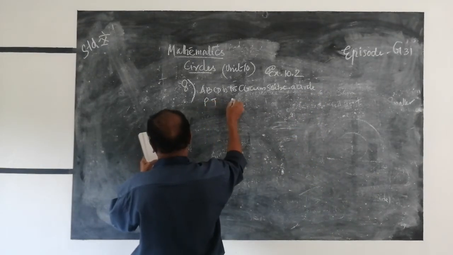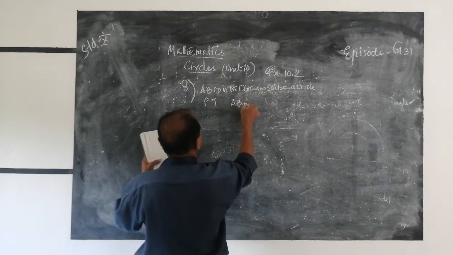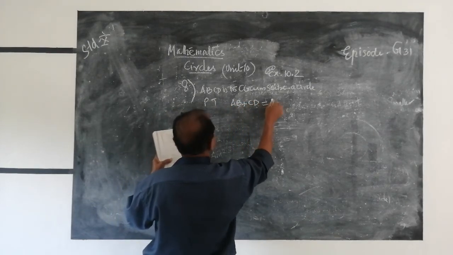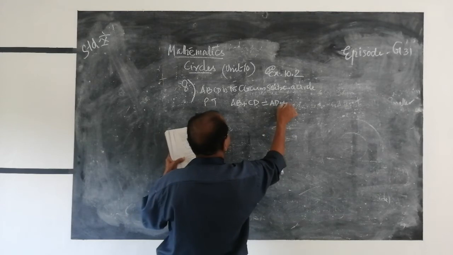Prove that AB plus CD is equal to AD plus BC.